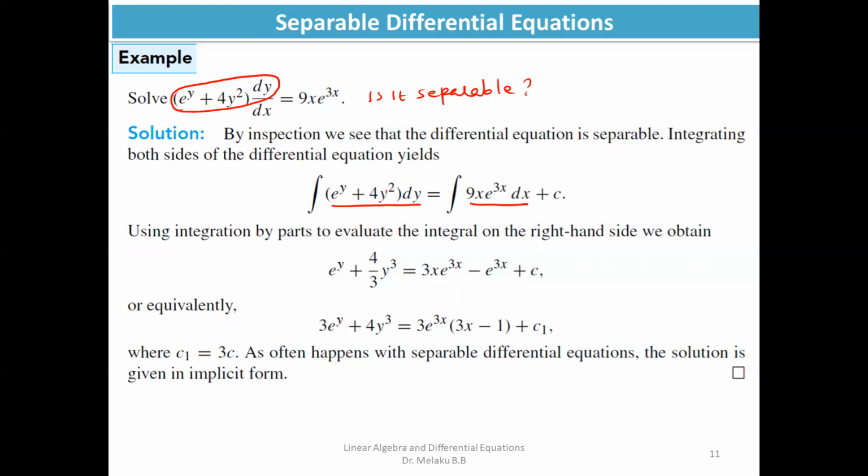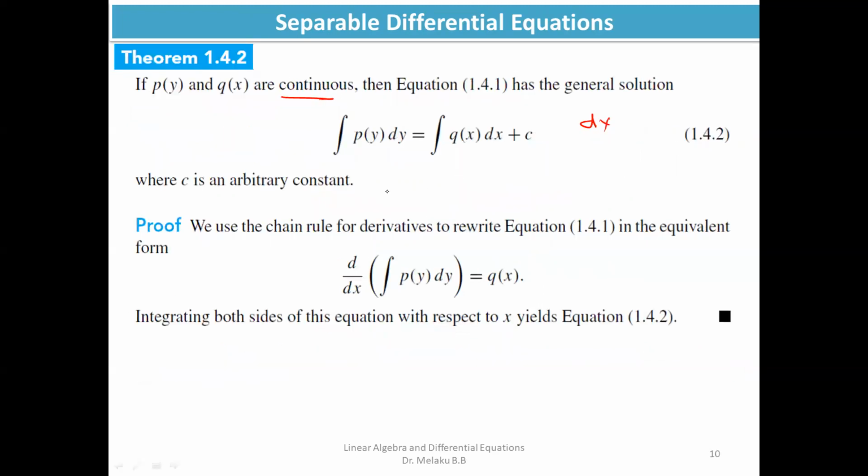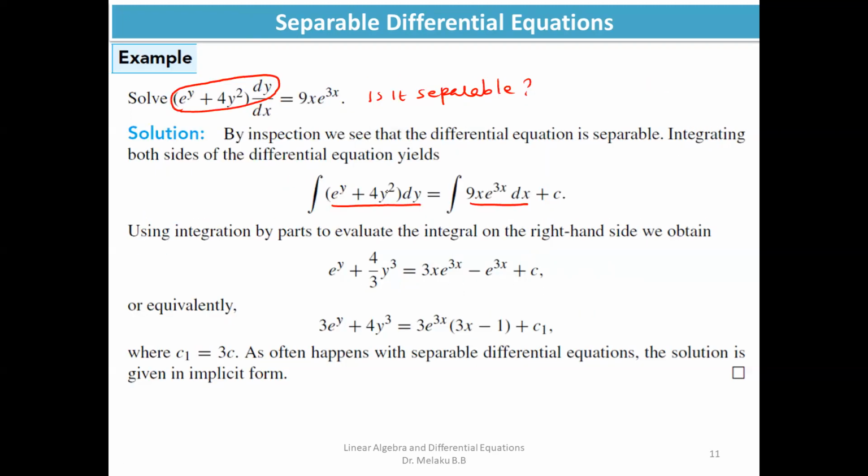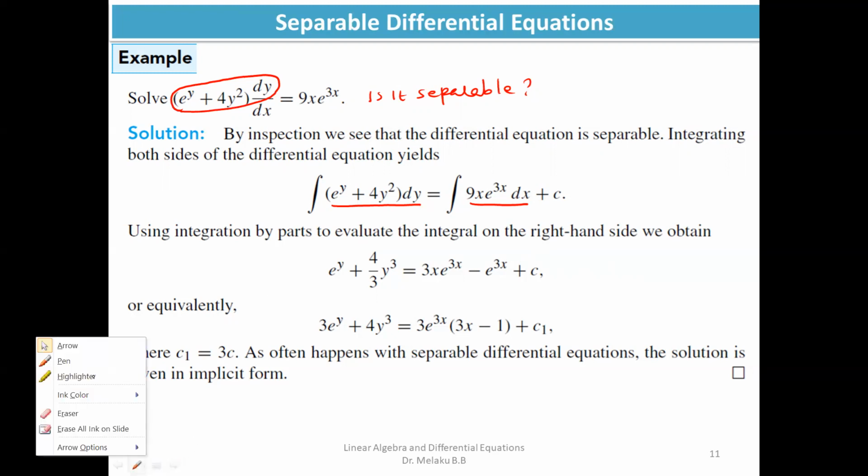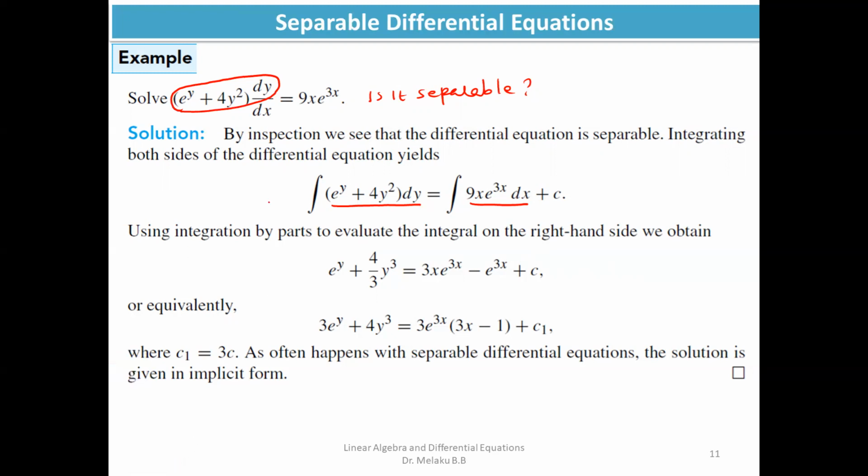So then, by the above theorem, we can find its general solution by integrating both sides, plus c. Please remember the techniques of integration. The integration of e raised to y is itself, no change. The integration of 4y squared is 4y cubed over 3.